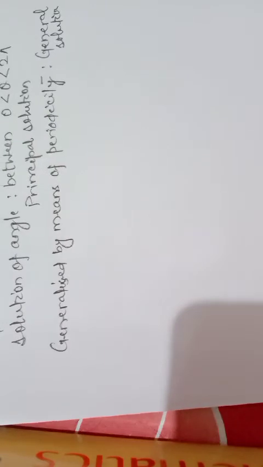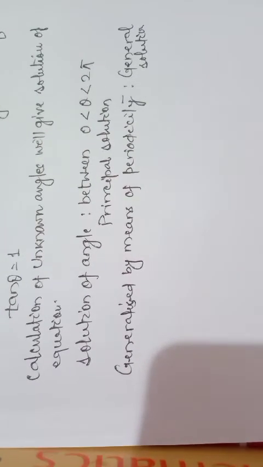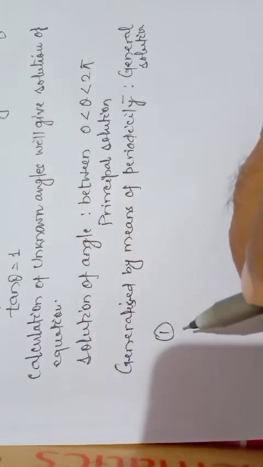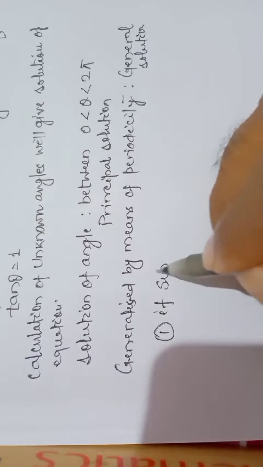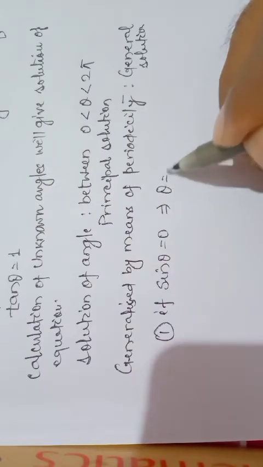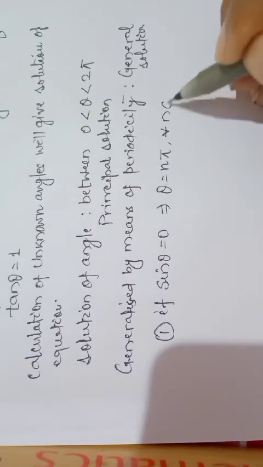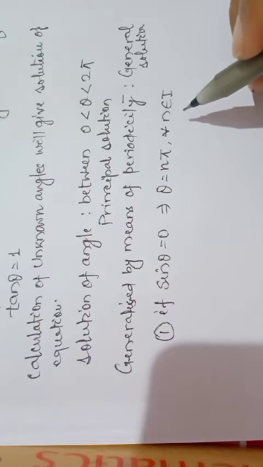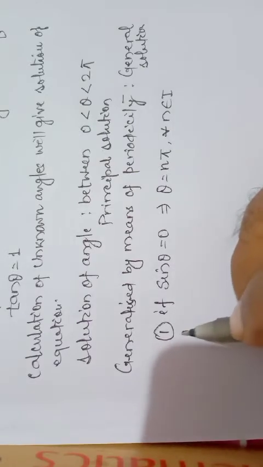Now see some formulas for principal and general solutions. The first one is a theorem: if sin theta is equal to 0, then prove that theta is equal to n pi for all n belongs to I. I means the set of integers, which you have already used in the topic sets.